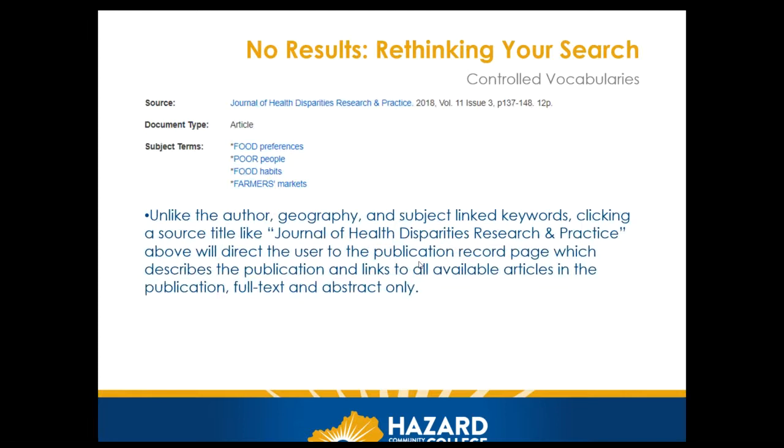So unlike the author, geography, and subject link keywords, clicking the source title, the journal title, like Journal of Health Disparities Research and Practice, that's going to direct you to the publication record page, which shows you all of the articles, the abstracts, and full text articles available from that publication.